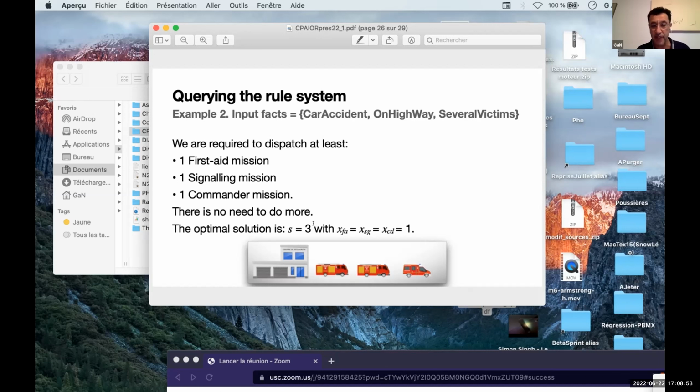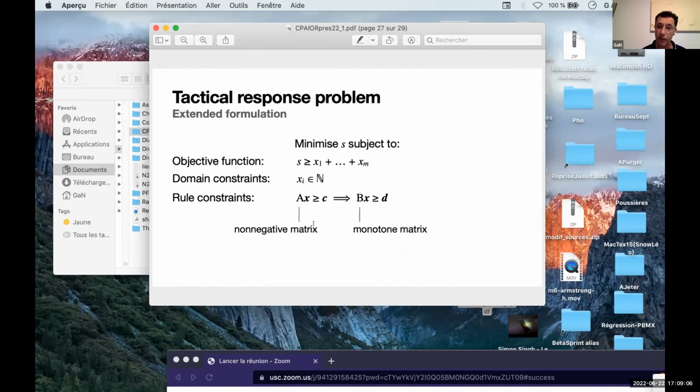Here you see the way to dispatch the missions with the commander mission, the signaling mission, and the first aid mission sent to the scene of the emergency. Right. Now, if we want to generalize this tactical response problem, in order to prove what we want to state about this problem, it's better to view it more generally as minimizing an objective function, which is the sum of the missions, because you want to use as little means as possible.